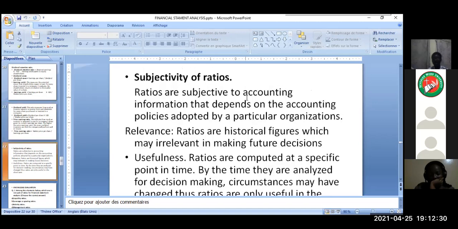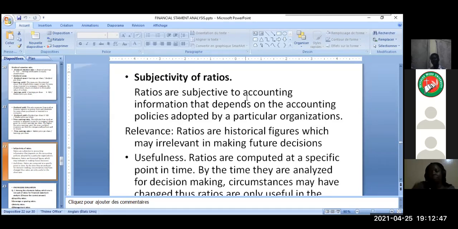Now, after analyzing all the financial statements, we need to understand the subjectivity of these ratios. Ratios are subjective to accounting information.